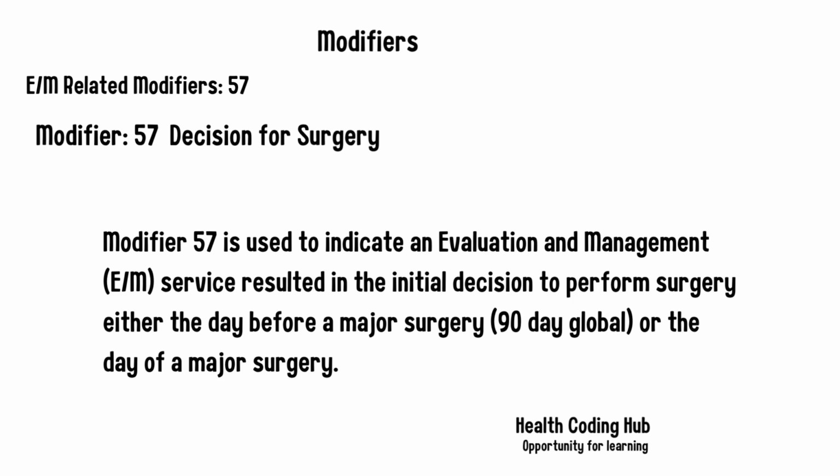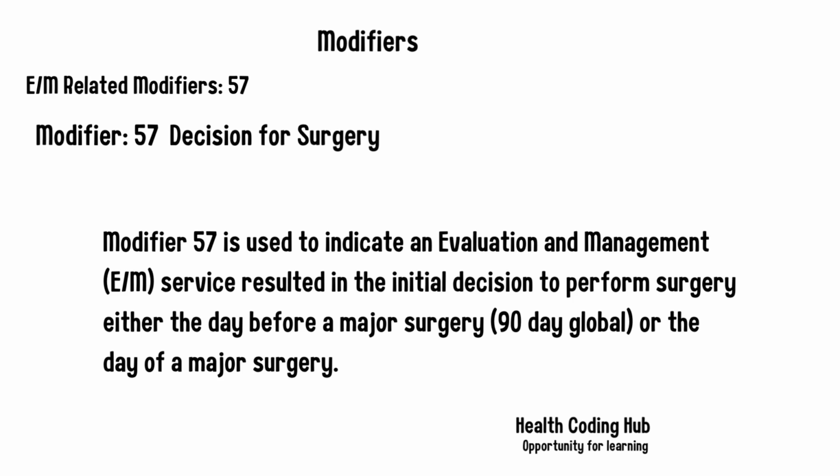Dear friends, as discussed in my last two videos regarding modifiers, as per the AMA guidelines, an E&M related modifier should be assigned only to E&M CPT codes, and a procedure related modifier should be assigned to procedure codes only.